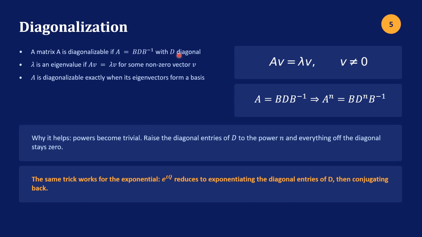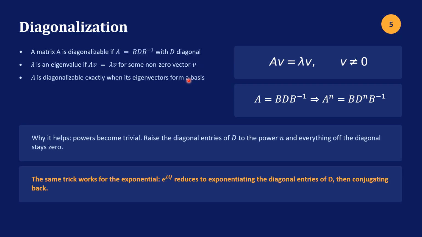Diagonal means it has 0 entries off the main diagonal. Lambda is an eigenvalue of matrix A if AV equals lambda V for some non-zero vector V. And then the key point here is A is diagonalizable exactly when its eigenvectors, these vectors V, form a basis.